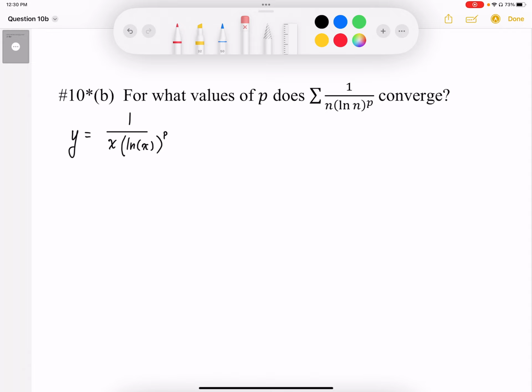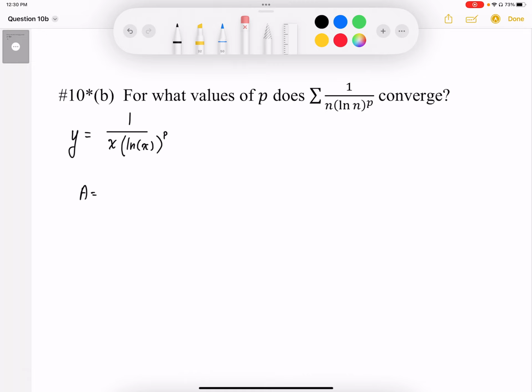So I can integrate this expression, and it will tell me something about the series. I'm going to find the area under this curve from some arbitrary point, I'll start at 2, to infinity.